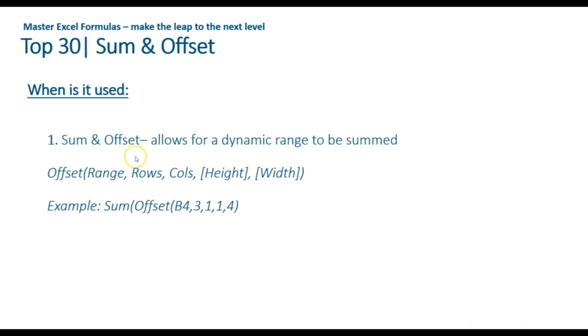Basically it allows for a dynamic range to be summed or averaged, etc. What is the structure of SUM OFFSET? As you can see, we need to have a range reference, and then rows, columns, height, and width. You will see what I mean by all these things when I give you the example.